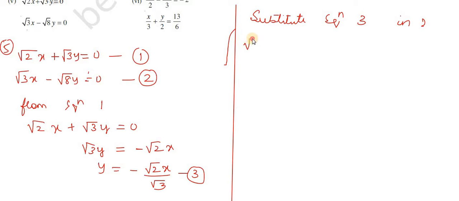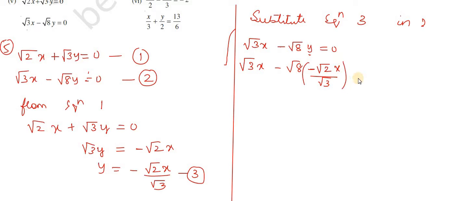So square root of 3x minus square root of 8y is equal to 0. Then square root of 3 into x minus square root of 8, and in the place of y I'll write minus square root of 2x divided by square root of 3, which is equal to 0.